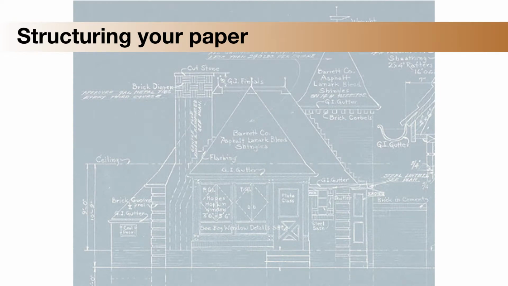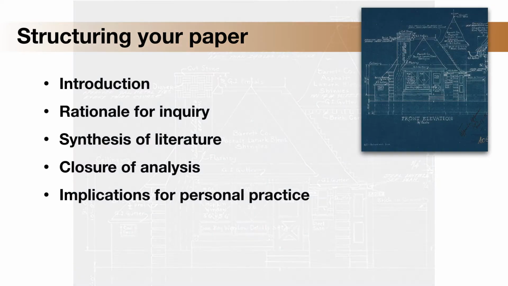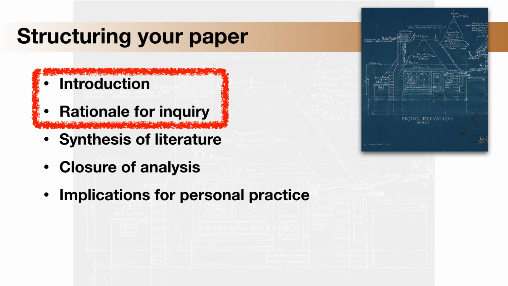Now let's describe the overall structure for working on your paper. It should have 5 distinct sections: an introduction, a rationale, your synthesis of the literature, some closing arguments, and implications for your personal practice. In particular, to position yourself to complete your capstone next semester, there are 2 important next steps.